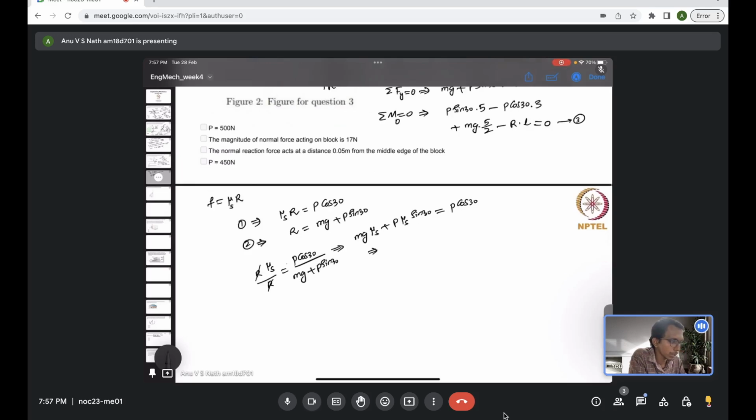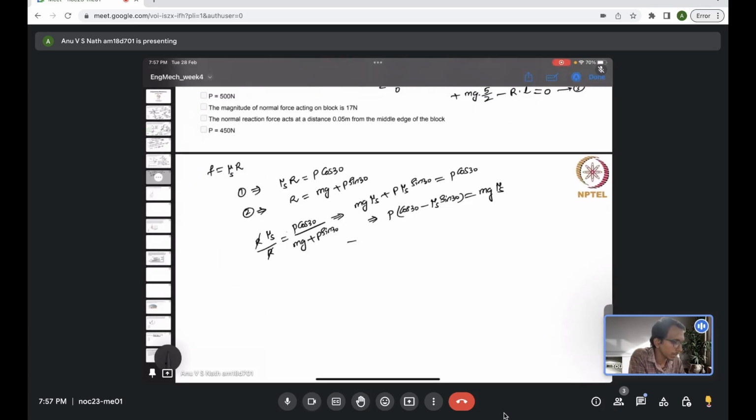Again, our objective is to solve for the unknown P. So P times cos 30 minus mu s sin 30 equals mg times mu s. From this we can write the critical value of P, just before it starts to slip, as mg mu s by cos 30 minus mu s sin 30.